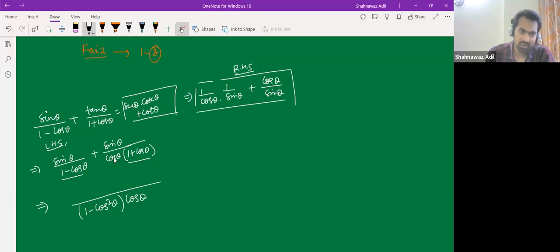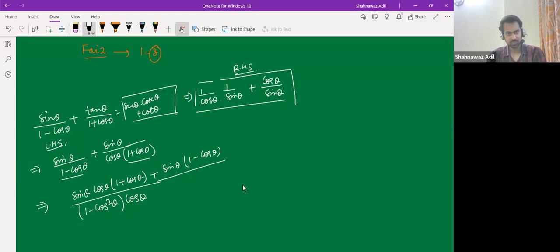So I will get sine theta and cos theta and 1 plus cos theta, and in here I will get sine theta and 1 minus cos theta. So ultimately, what is 1 minus cos square theta?